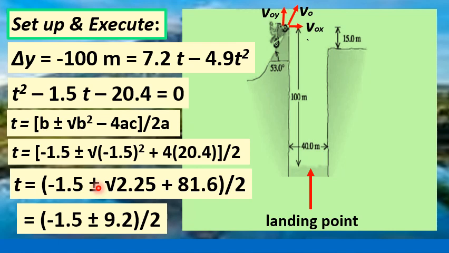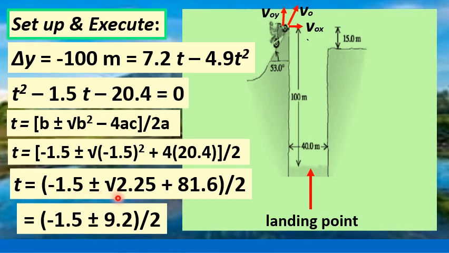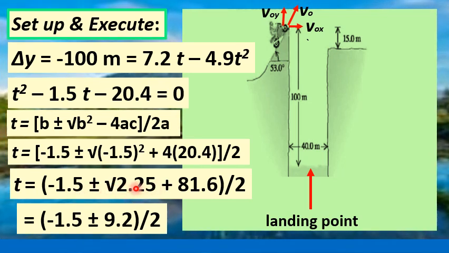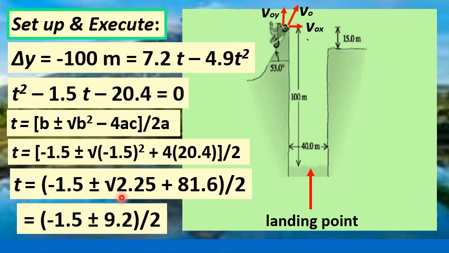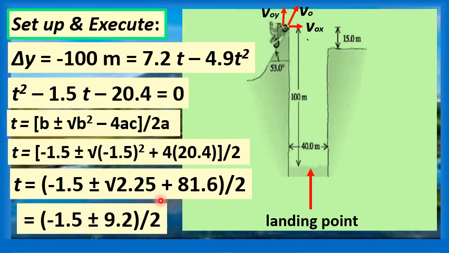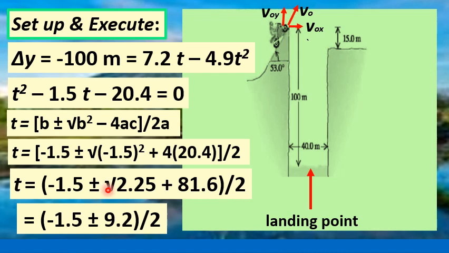Notice that we have two operations, plus minus, before we divide the result by 2. If we take the negative sign of 9.2, we will end up getting a negative time, which is meaningless in this problem situation. So we just choose the positive value of 9.2.